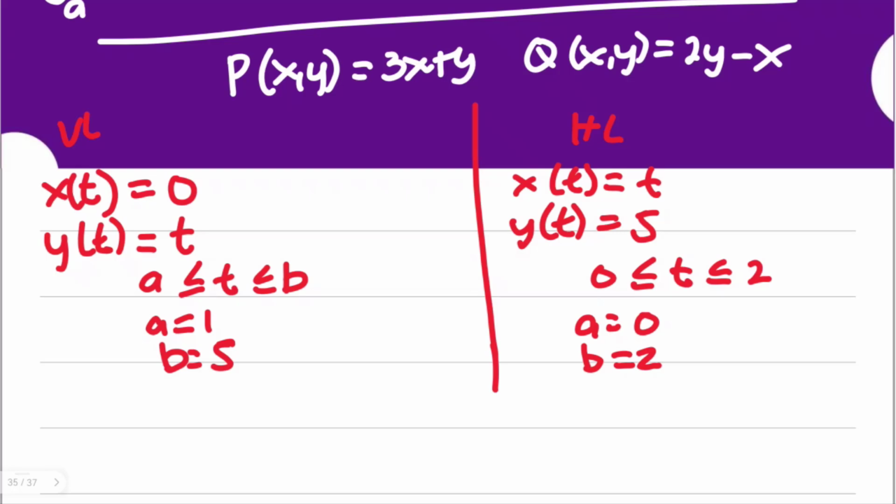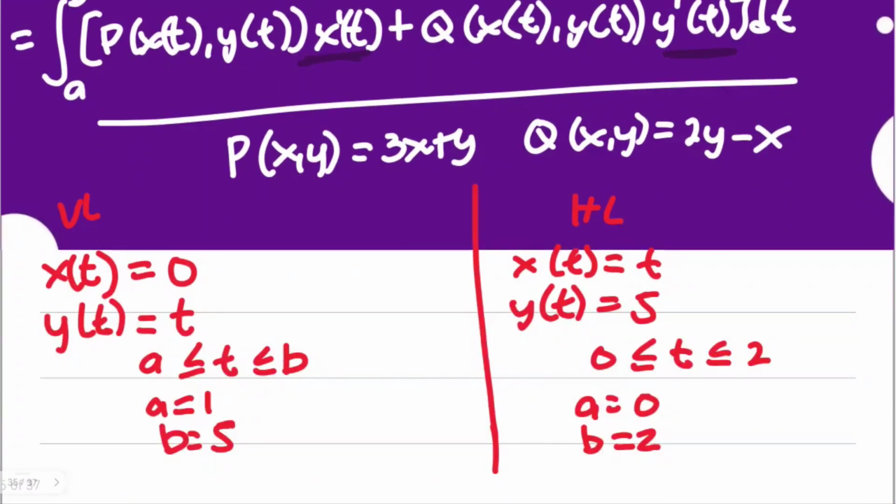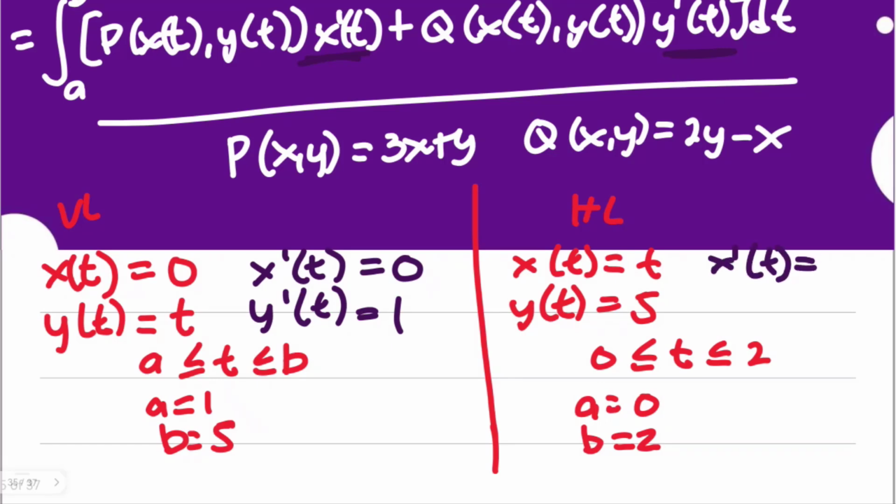Additional requirement here is actually your first derivatives. So the first derivative of your x of t, which is 0, is just 0. And the first derivative of your y of t, which is t, is just 1. For your horizontal line segment path, the derivative of your x of t, which is t, is 1. And then your y of t, its derivative is also 0.